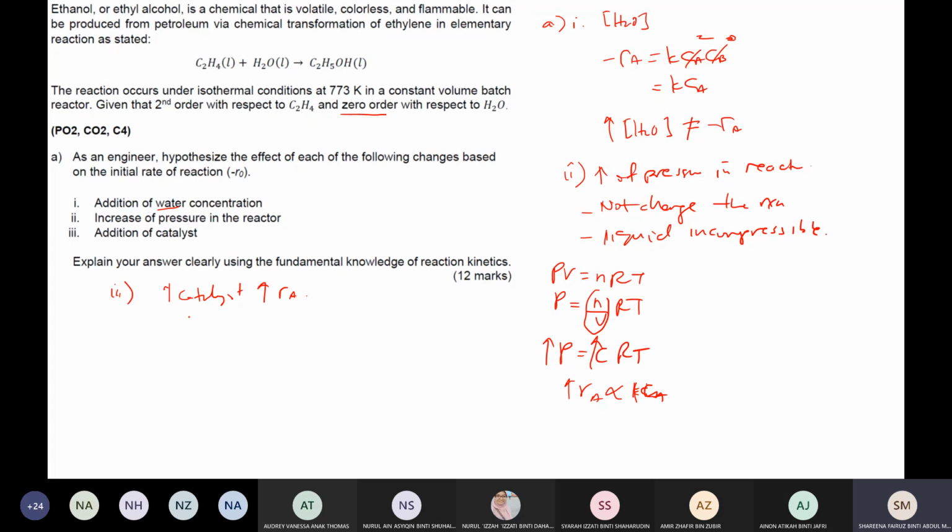Okay, sebab bila kita add catalyst, alright, it will decrease the EA. Right, so once EA decrease, alright, K akan increase. Okay, so bila K increase, automatically tengok balik kat sini, RA akan increase.